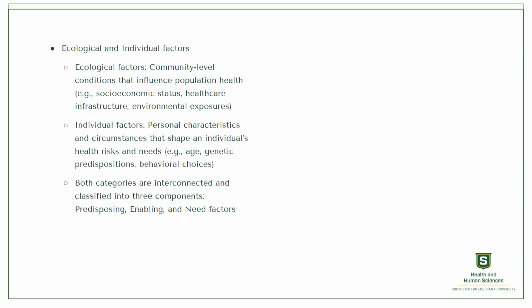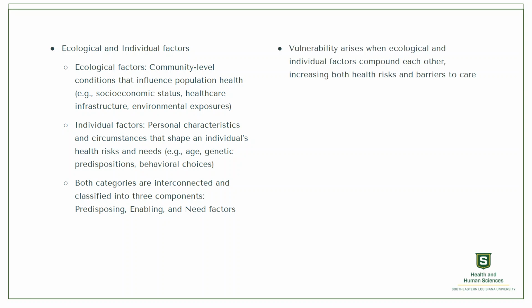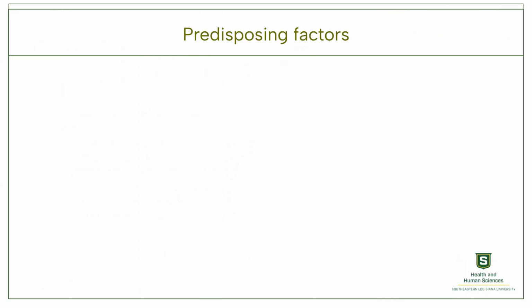And for both of them, they are classified into three components, where we have predisposing, enabling, and needs factors. So vulnerability arises when the ecological and the individual elements compound each other, thereby increasing the health risk and also increasing the barriers to healthcare services.